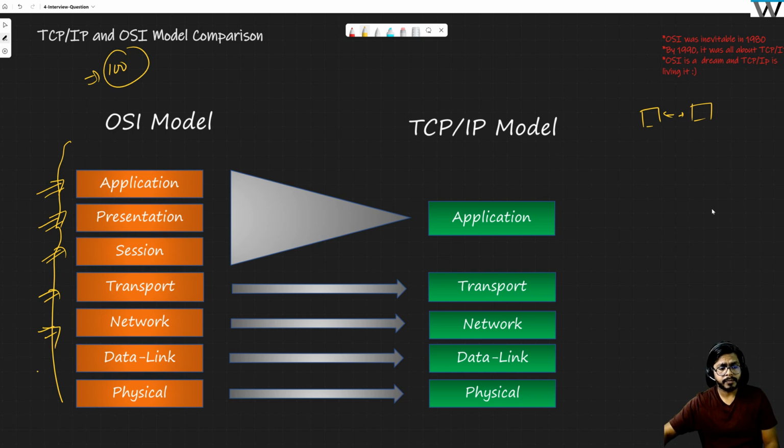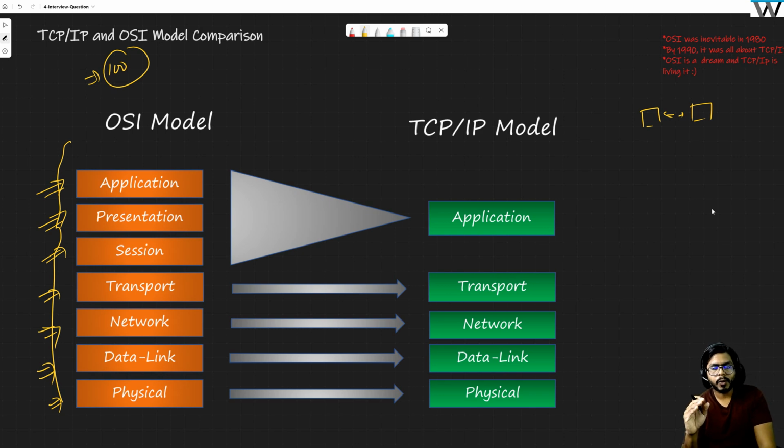The data link layer is for when you want to deliver the packet or message inside a particular network, right? Then comes the physical layer, which talks about how your bits, these 1010, are going to travel across different media. It can go over a wire in the form of electric current, or over an optical medium in the form of light, and we will be discussing that.